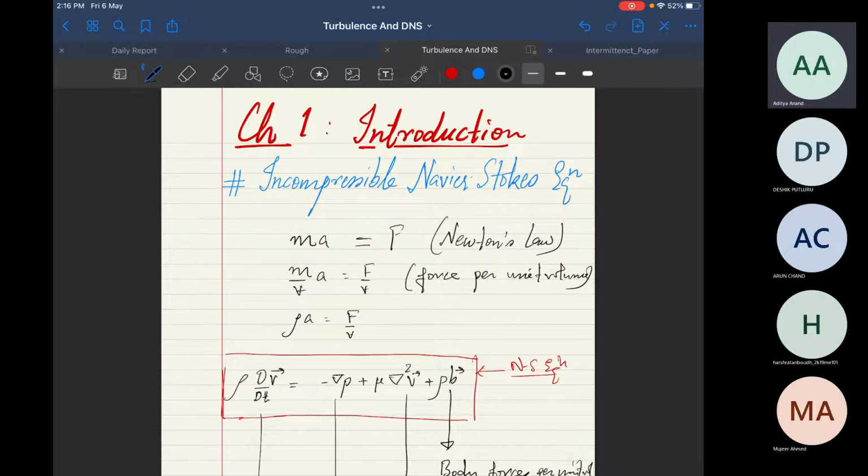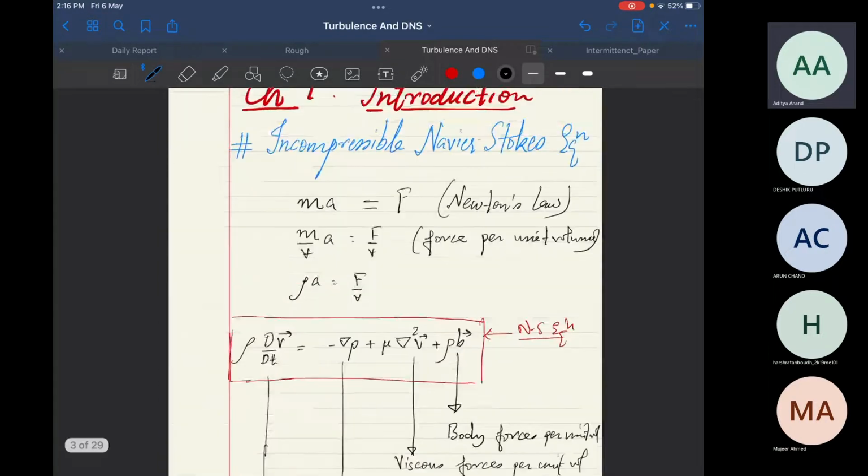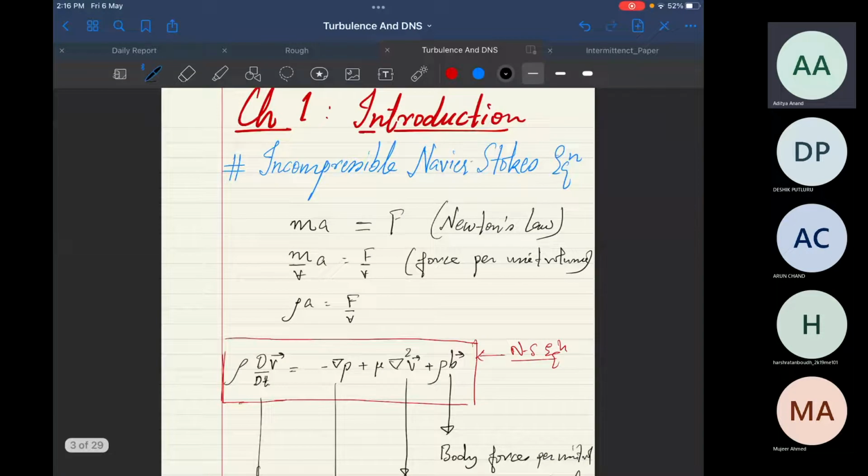So to begin with, we all know that for incompressible fluids, the governing equation is called the Navier-Stokes equation, and it is the Newton's law analog for fluid dynamics, for media that is continuous.